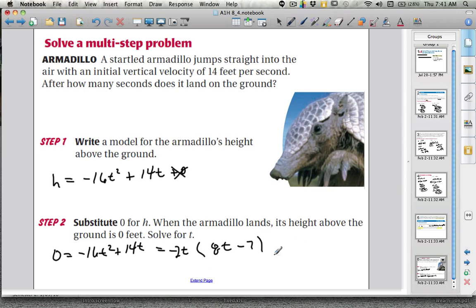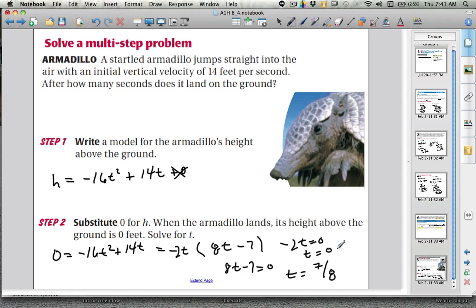And if I have negative 2t is equal to 0, then time is equal to 0. And we're going to talk about that in a second. And then I have 8t minus 7 is equal to 0. So t would be equal to, add 7 divided by 8, 7/8 of a second. Okay, so just about a second.